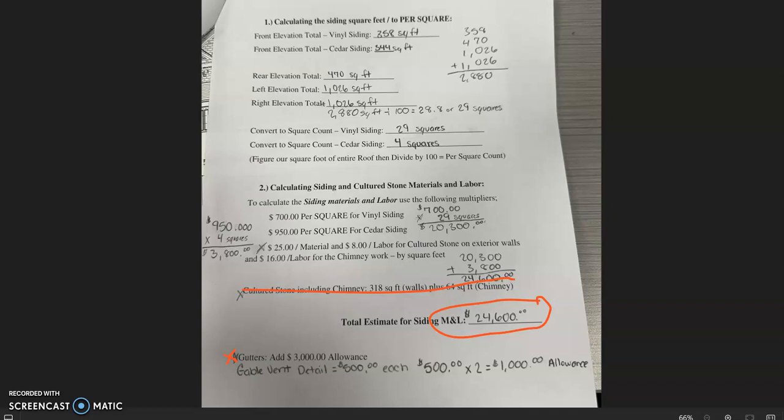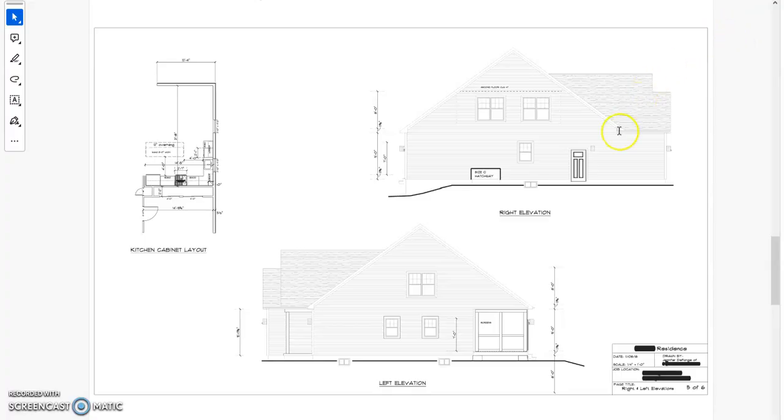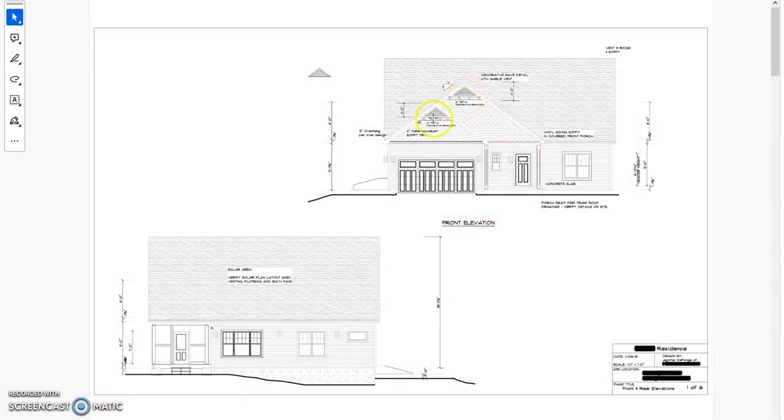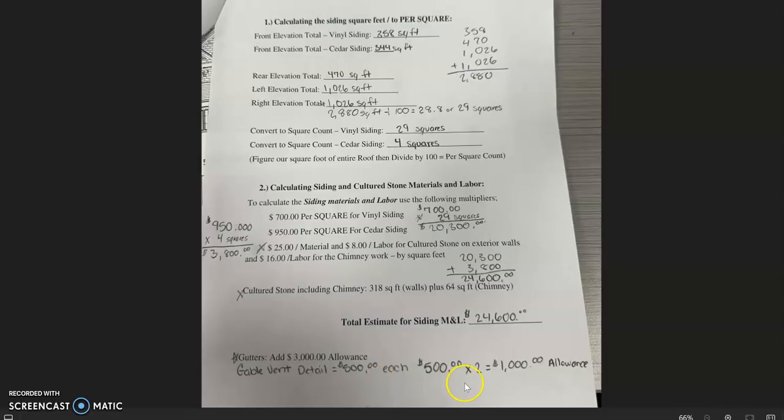And then you know the gable vents in this house, on the front, those pretty gable vents that we have up here, what we did was we just allowed for an allowance of $500 each. So that's a gable vent detail that we're going to put a $1,000 allowance on.